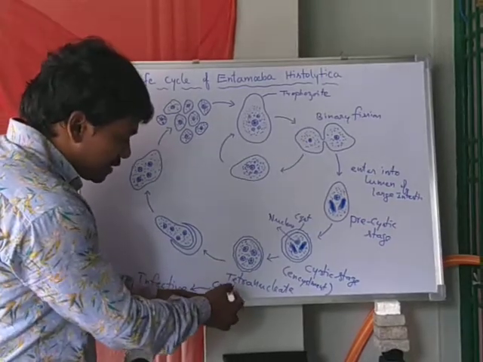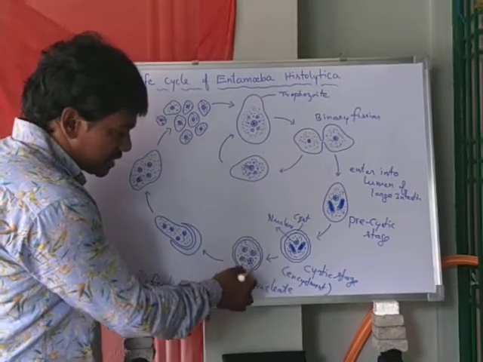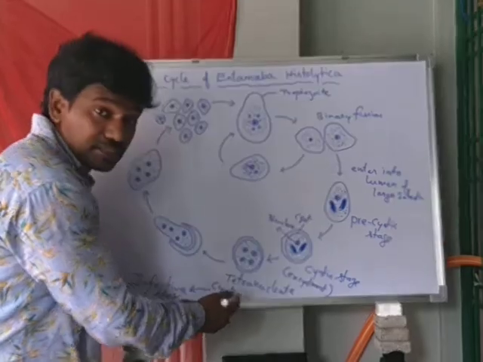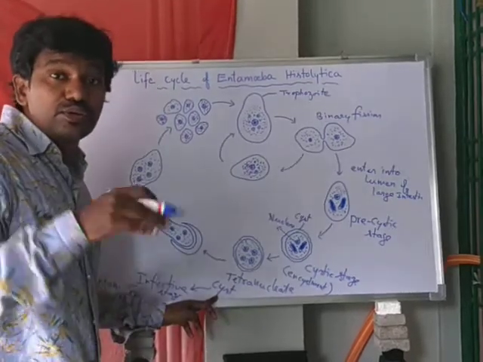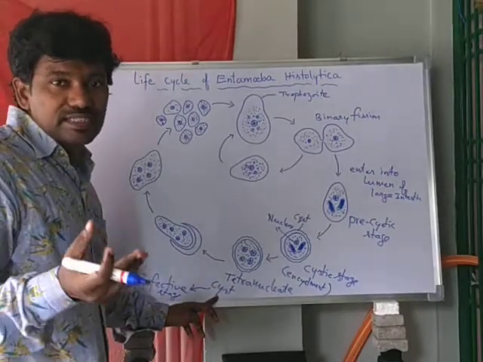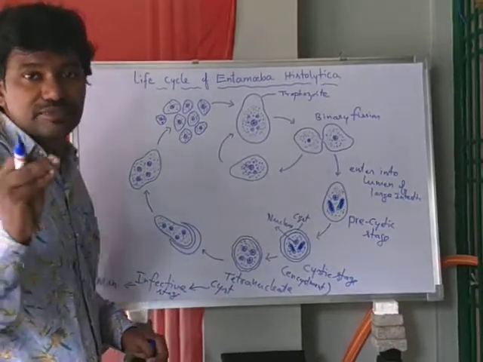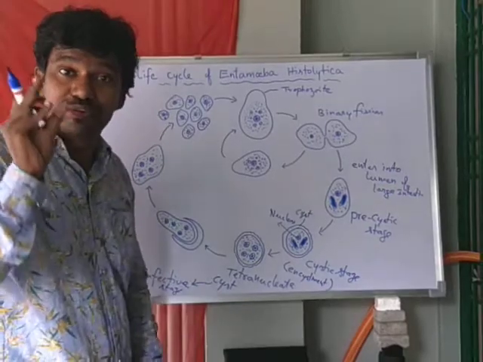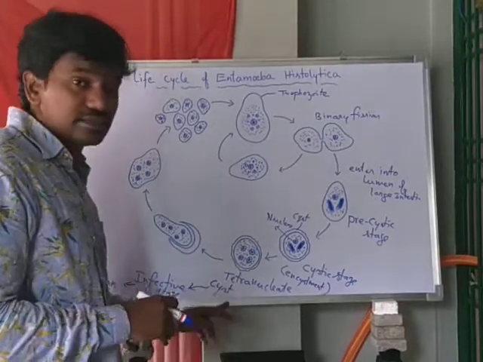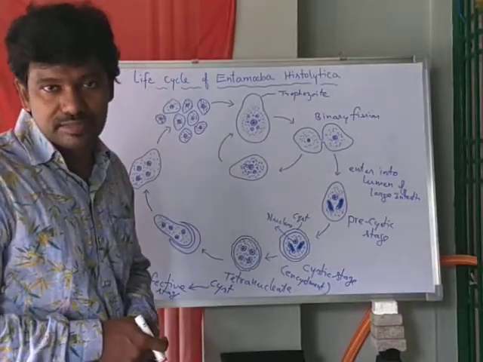These tetranucleate cysts enter into the new person's small intestine through contaminated food and water. If a person takes contaminated food and water, these cysts enter into the small intestine.